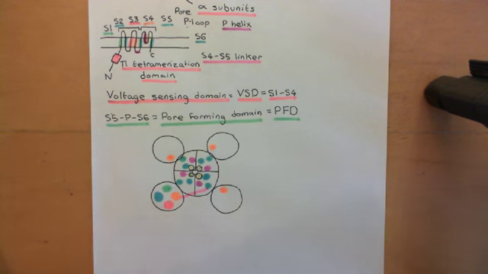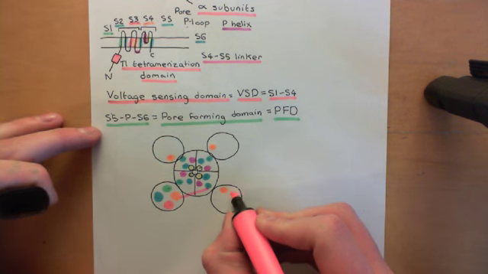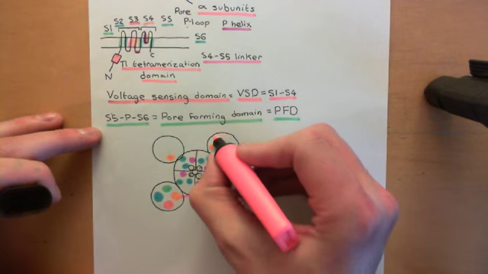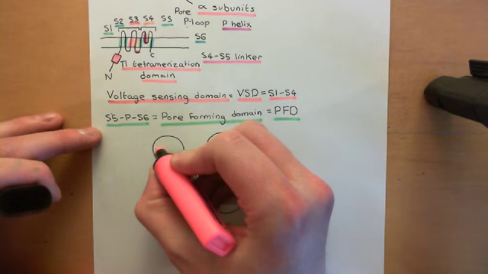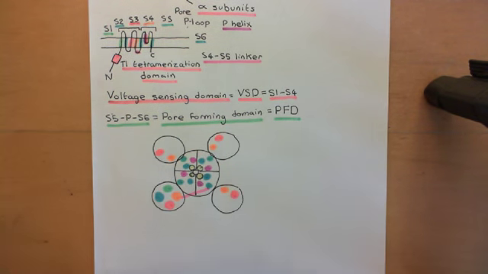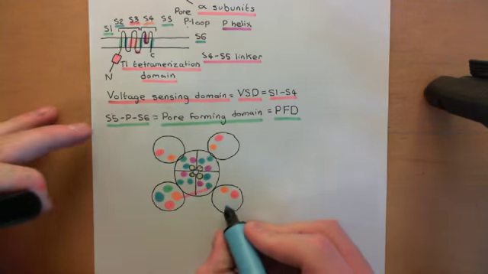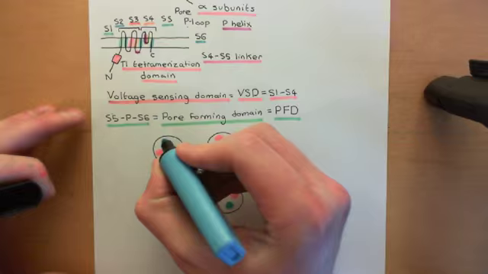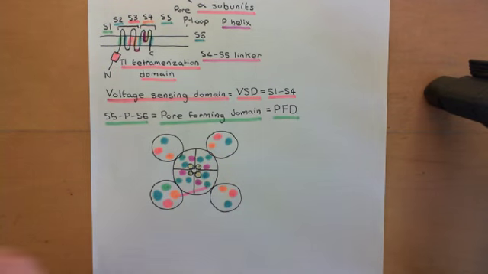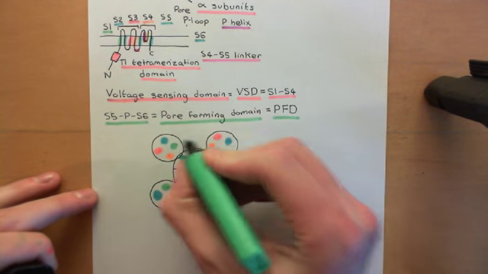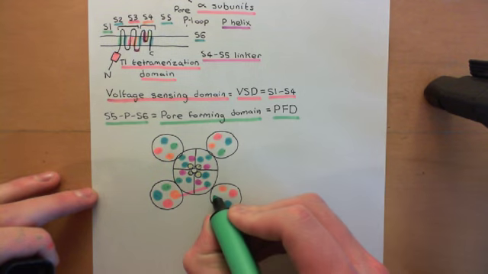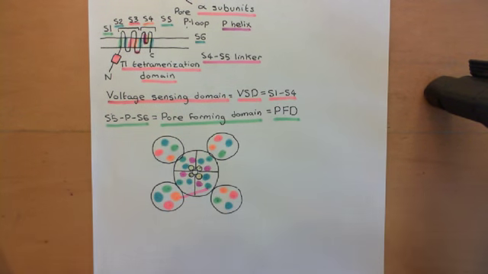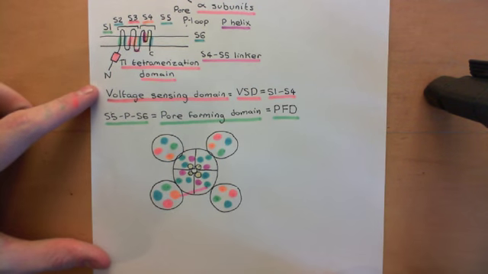Next, let's put on the S3 alpha helices, here in red. Then we'll have S2 here in blue, like so, and then finally S1, which I'll put in green. And then to really make this crystal clear, let's put in the S4, S5 linkers for every single one of the alpha subunits of the voltage-gated potassium channel.